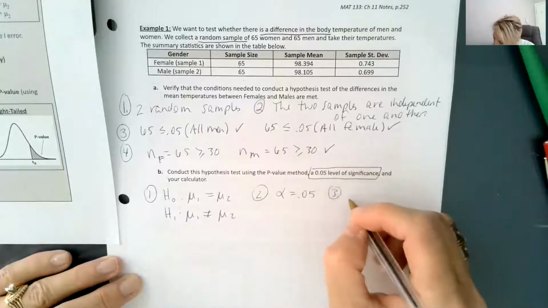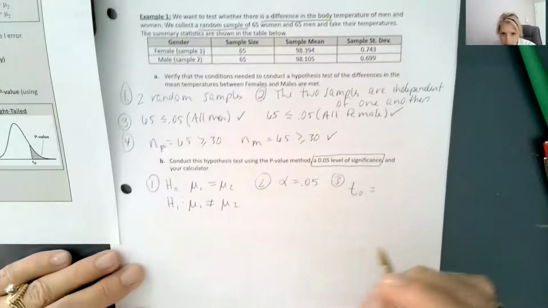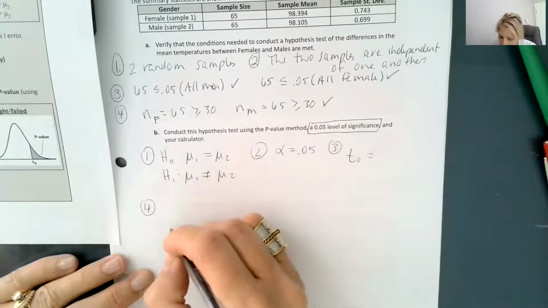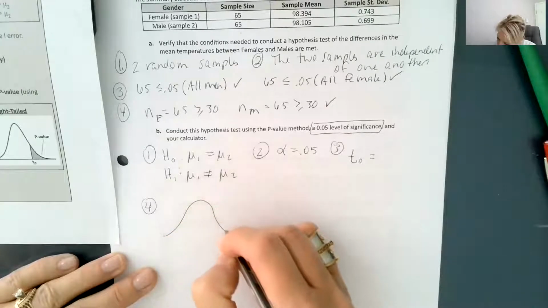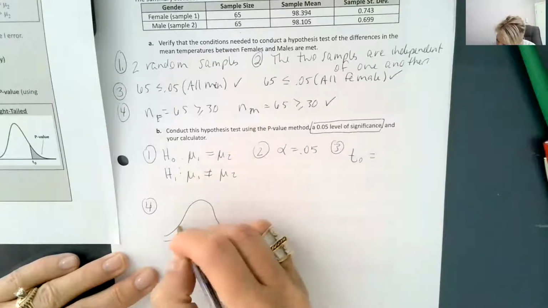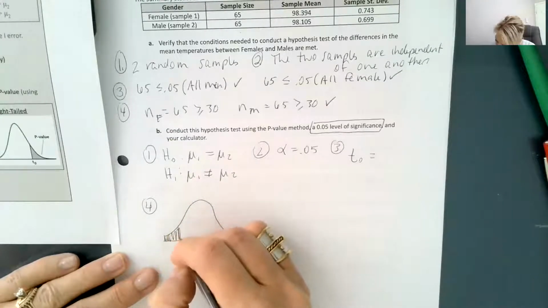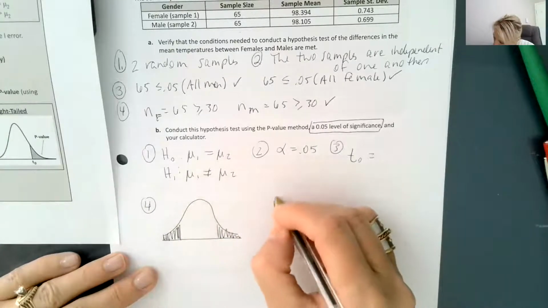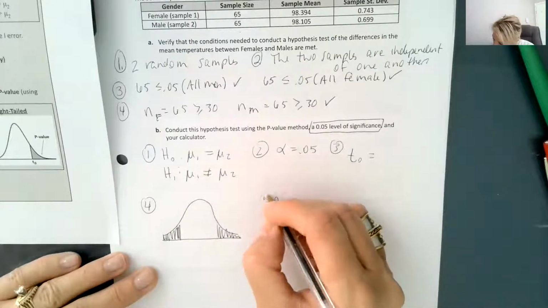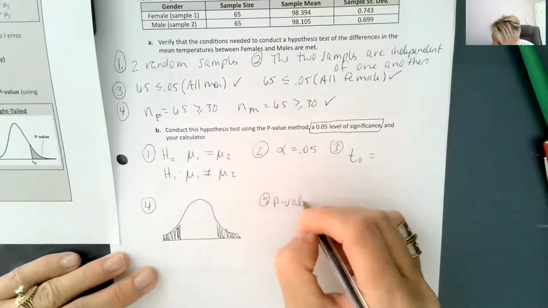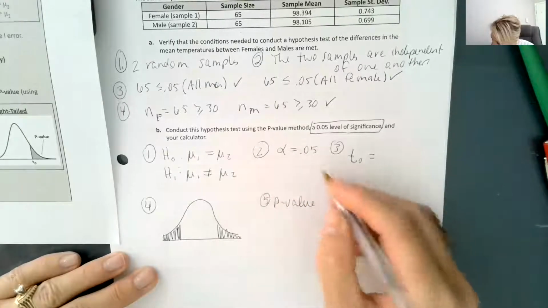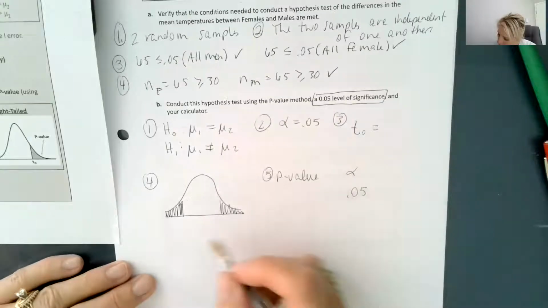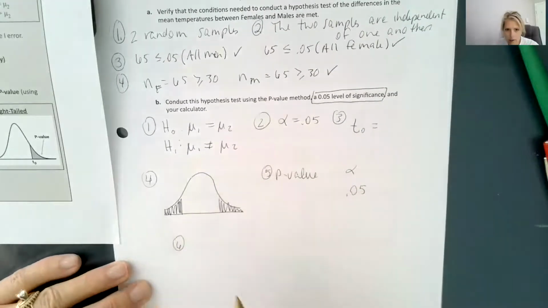We're going to go to StatCrunch to get our t statistic momentarily. And then our picture that we're going to draw is two-tailed because our hypothesis statement was two-tailed. And we'll tie that in with our step 5, our p-value that will come out of StatCrunch, and we're going to compare that to our alpha. And then once we've compared our p-value to our alpha, we can state our conclusion.